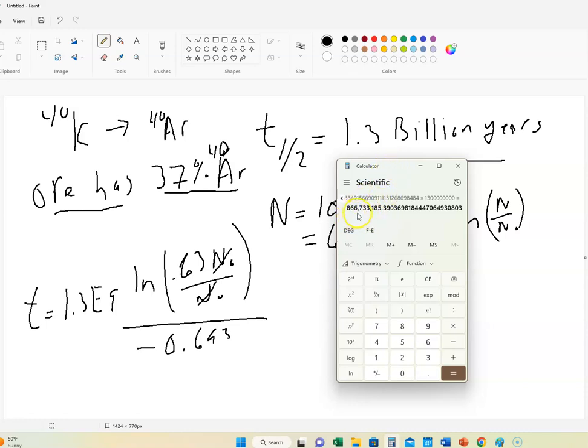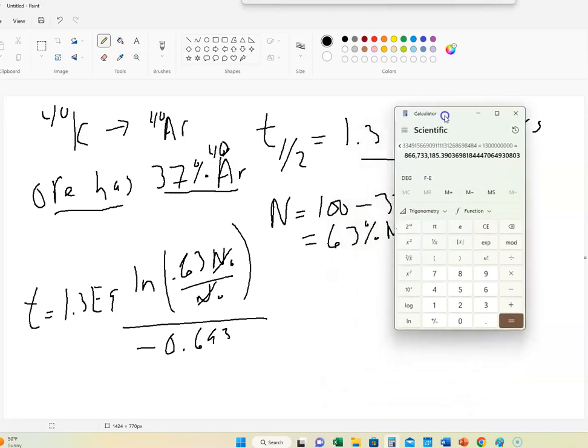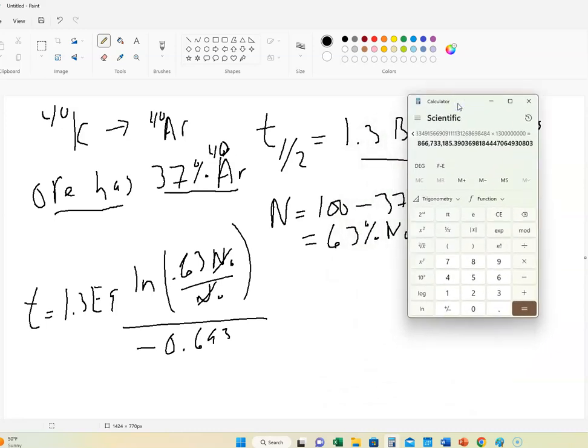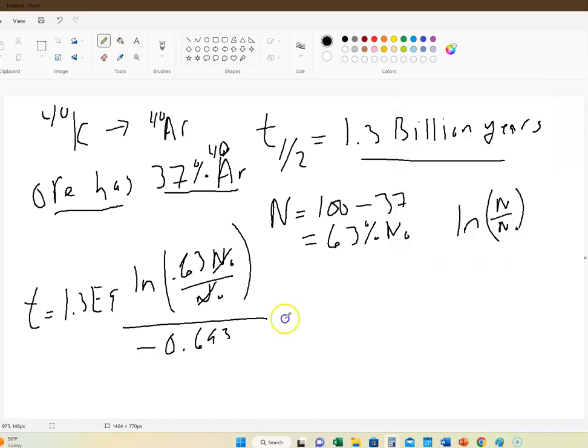So it'd be 8.67, if I went 2 places past the decimal, times 10 to the 8th. Does everybody see that? 1, 2, 3, 1, 2, 3, and then 1, 2. So the time that has gone by is 8.67 times 10 to the 8th years.